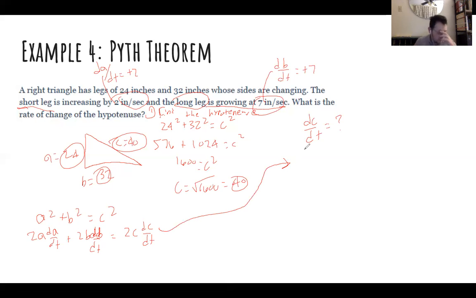What I would do here, I wouldn't solve for dc/dt first, but I would just plug in what I know and what I don't know. I'm going to rewrite it so that we can see the solution here.